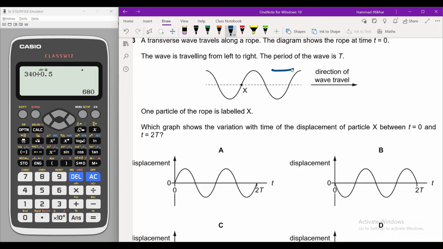So if it is going this way, this curve will be coming right over here, like this, and then go like this again. So it's going downwards. It's still going down. So it's going to be at B.